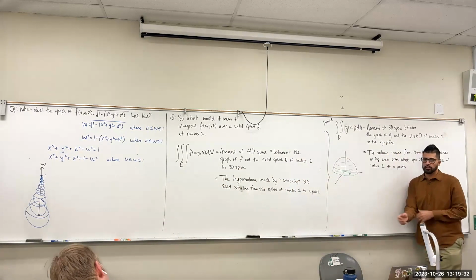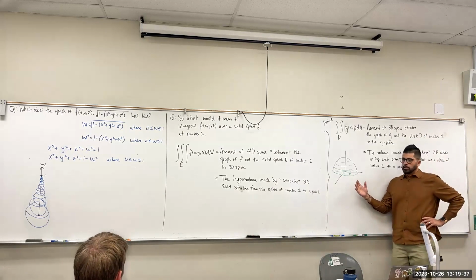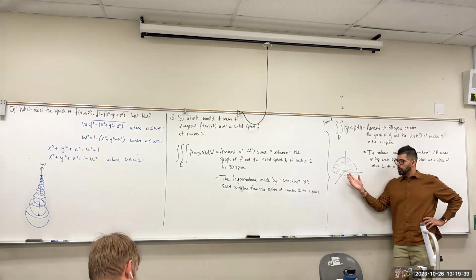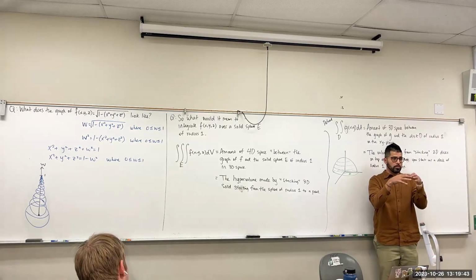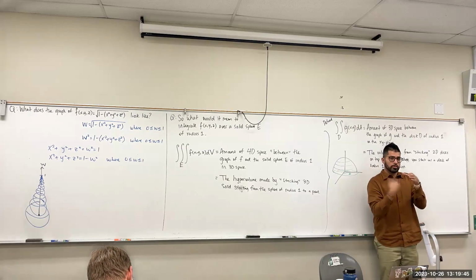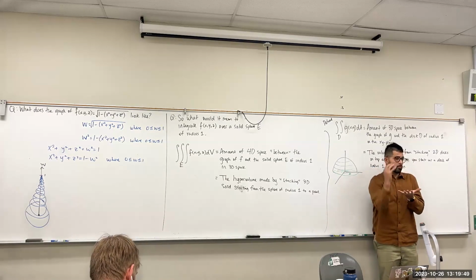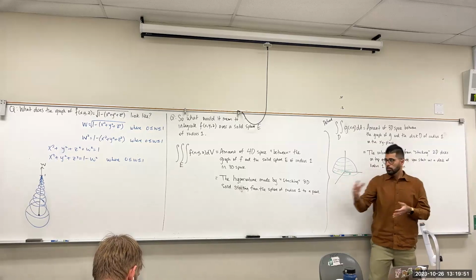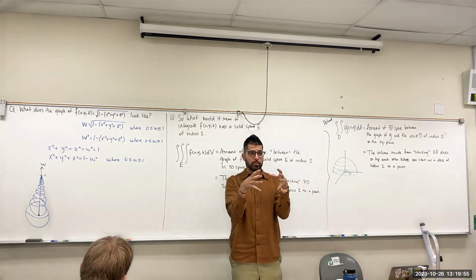So let's digest that a little bit. What was the volume here? You had these disks that you stacked on top of each other, and then the area of all those disks, when you put them on top of each other, created the volume of the space, right? So what's happening here, which is hard to visualize, is you have the snowball that I was showing you guys.